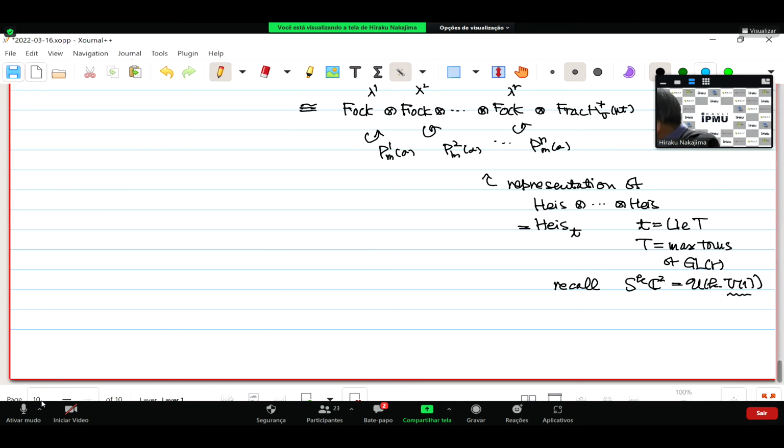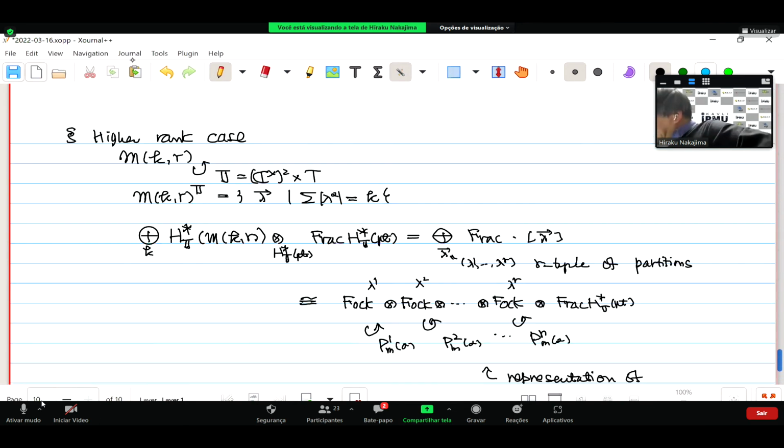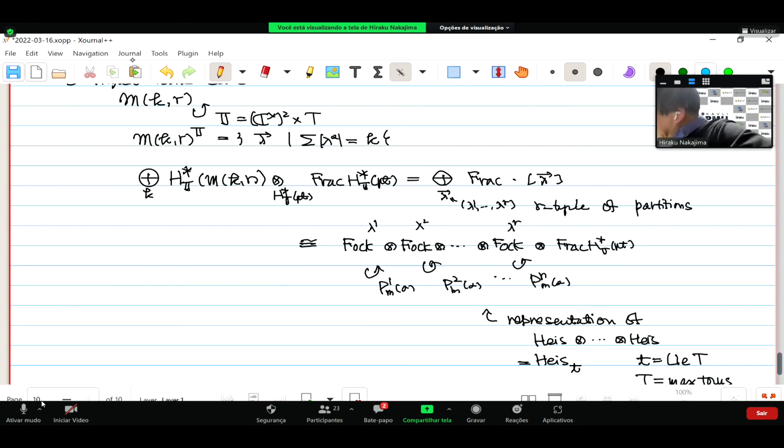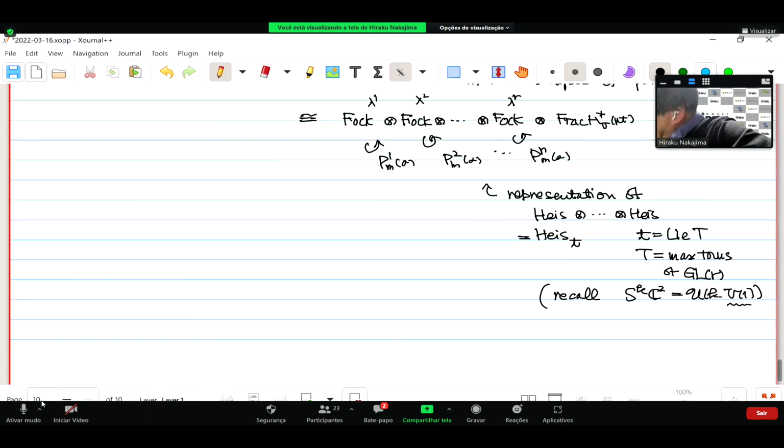So it's natural to replace SU(1) by U(1). Okay, so this Heisenberg algebra of T acts only after localization.